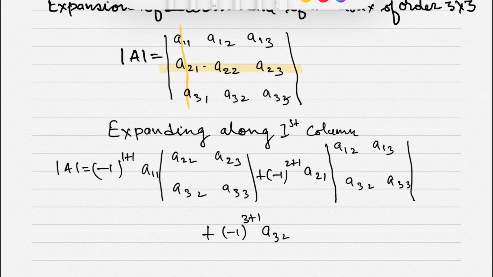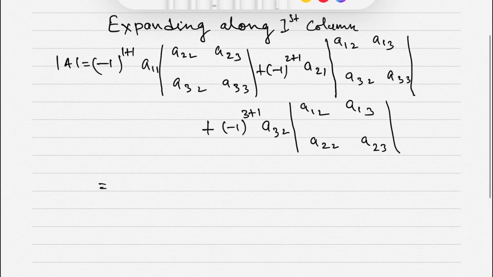Now we will hide the first row and the third column. So the resulting determinant will be A12, A13, A22, A23.